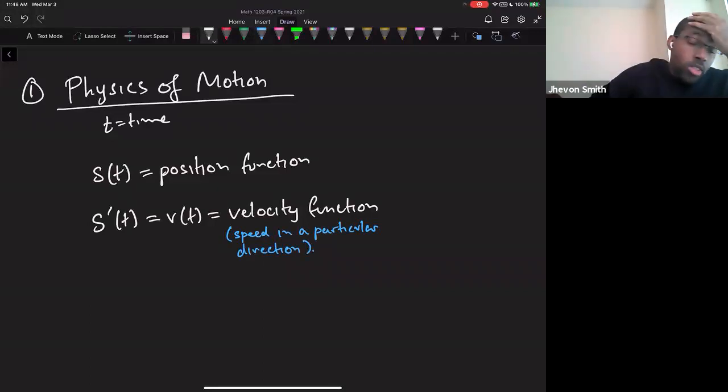To talk about other directions than left or right or up and down, you would need vectors for that, and really you only get into that in Calc 3, so you won't really have to worry about that. But that's the velocity function, so that's the interpretation of the first derivative.